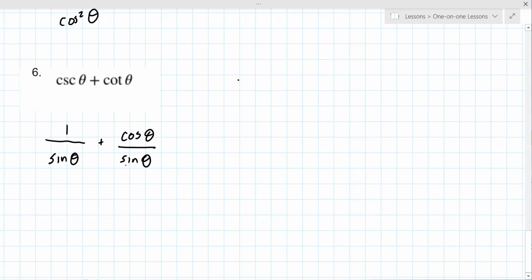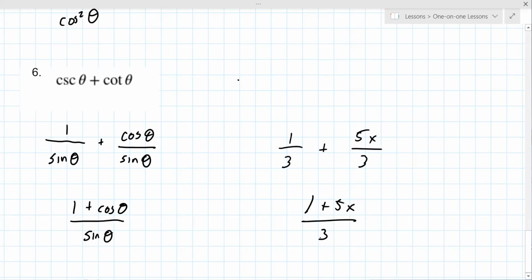So what do you do when you have the same bottom? You combine the tops and keep the bottom the same. It's like 1/3 plus 5x over 3: you keep the bottom and add the tops. There's nothing more to do here, so that's done.